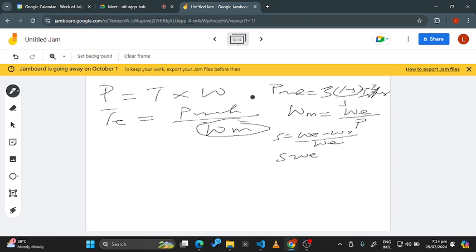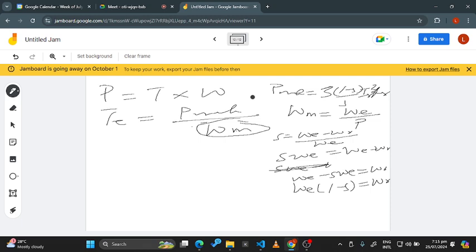Therefore, S omega e should be equal to omega e minus omega r. If I group like this, I get omega e minus S omega e to be equal to omega r. So omega e times (1 minus S) should be equal to omega r.